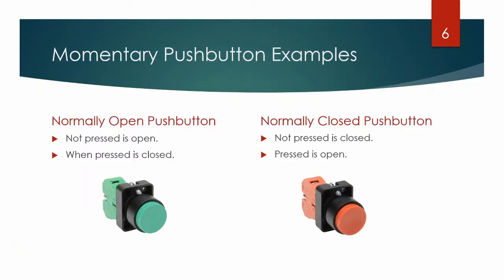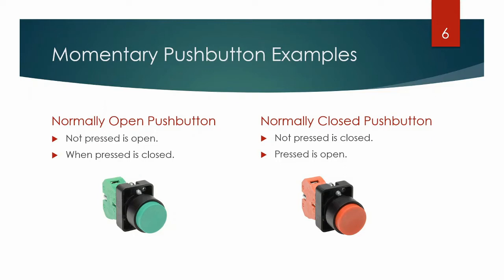Let's look at how we can utilize this with our contact block to give us a couple different options for these push buttons. These are momentary push button examples. The one to the left is a normally open push button. A normally open push button not pressed means that that contact block is open.